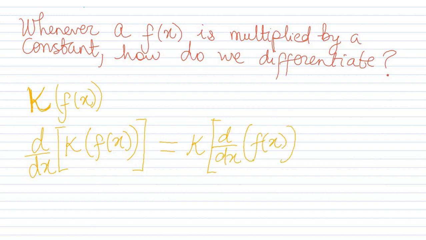So basically what I'm saying is this: they give you a function multiplied by a constant, you bring out the constant, and then you multiply that constant by the differentiated function. So even though your initial question is a constant multiplied by a function, to differentiate it, you bring out the constant and just focus on differentiating the function. That is basically it.